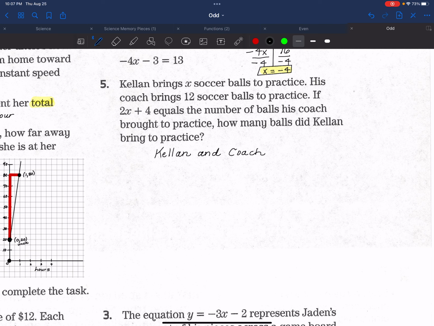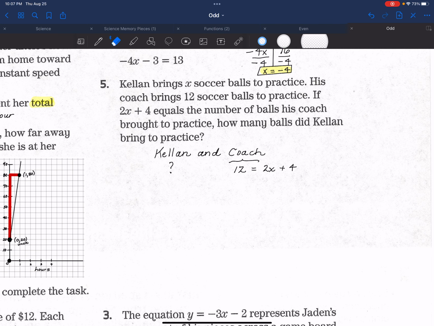Now, we are interested in how many Kellen brought. It tells me that the coach brought 12, and it also tells me that 2x + 4 equals the number the coach brought. So 2x + 4 equals 12.